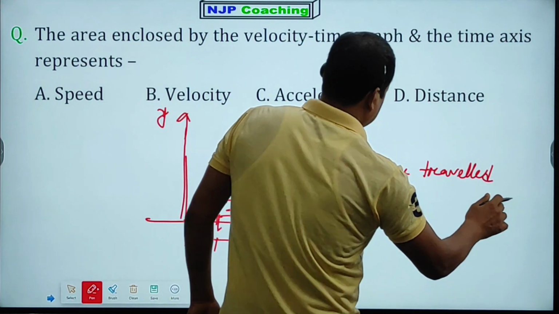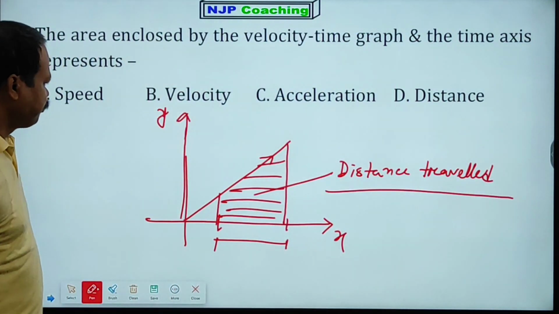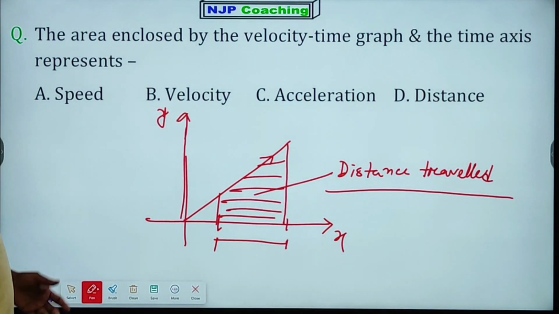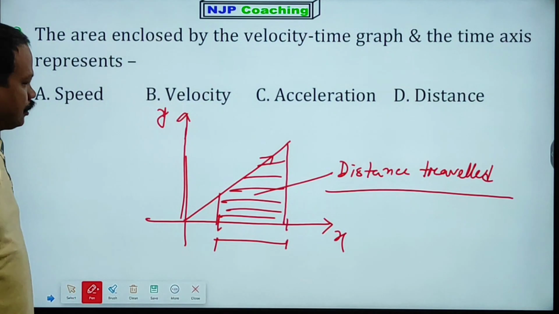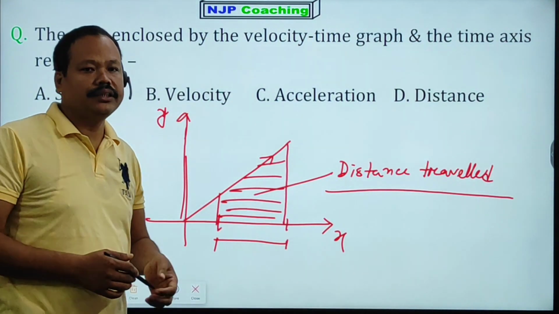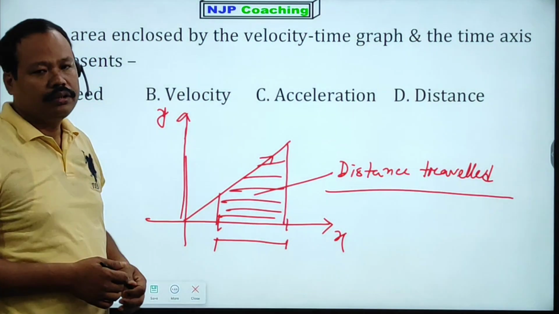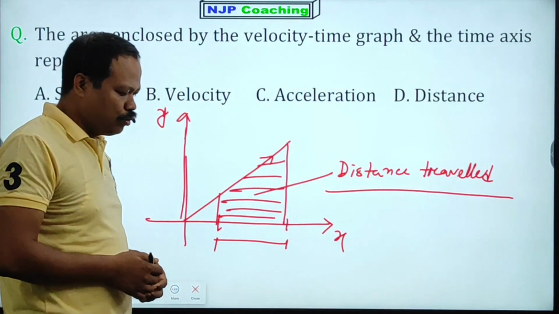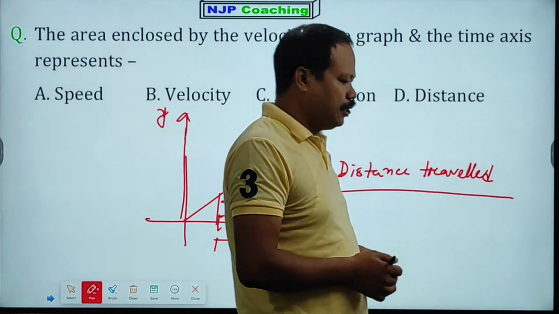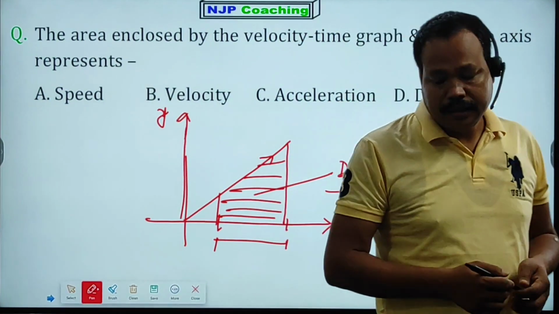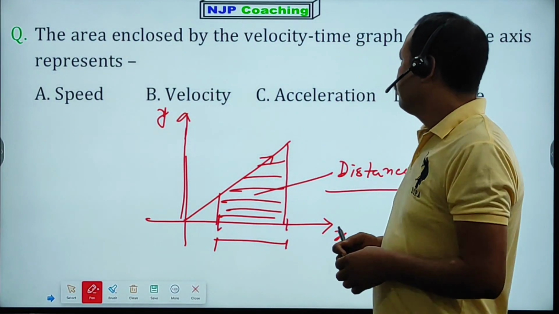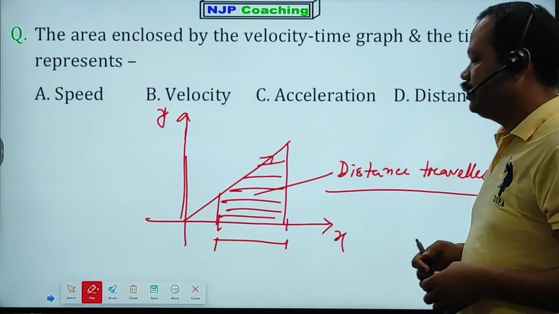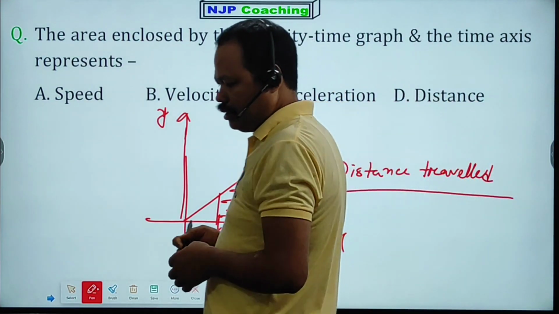I want to mention that when I discuss that chapter, I will show the graphical representation: the nature of the graph, the slope of the graph, and the area given between the velocity time graph and the time axis. What does it represent?